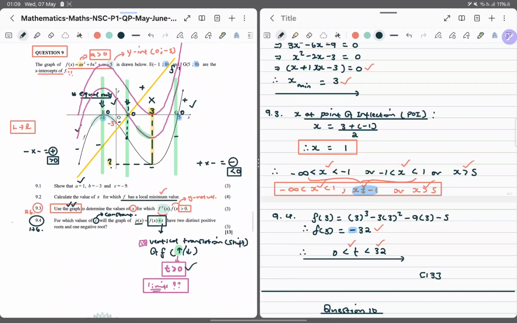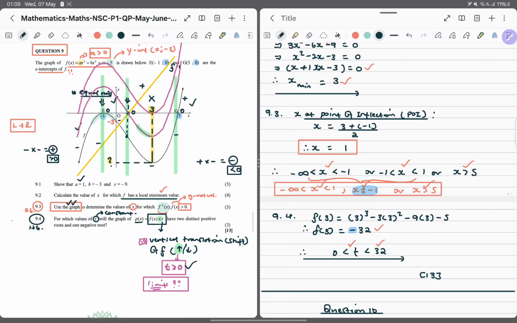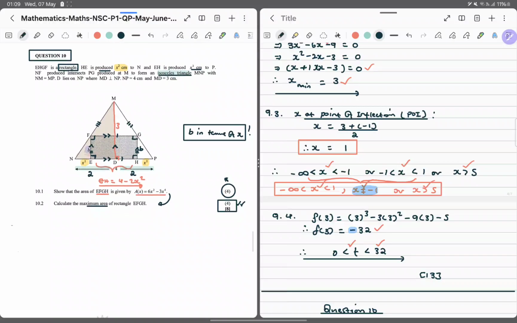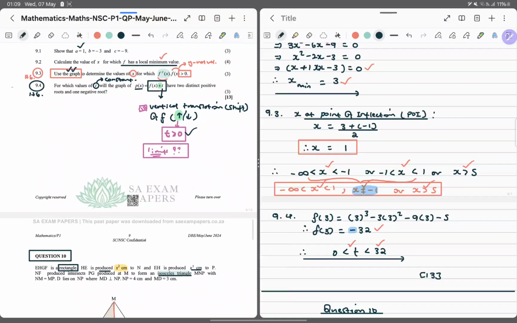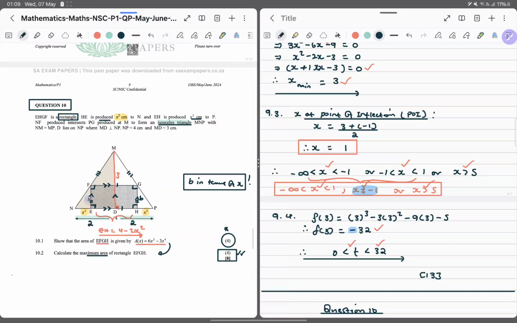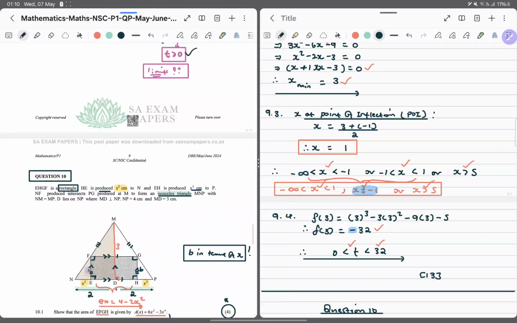Take the marks. Question 9 always has some thought for the student, especially those higher grade questions. The rest is standard textbook material. This one is definitely not so obvious, the 10.1. But the 10.2 again is the bread and butter in the textbook, study guides, whatever. So guys, you can see that here there's 3 marks and some technical marks to get, as long as the method is right, the knowledge is right, the practicing has been adequate.